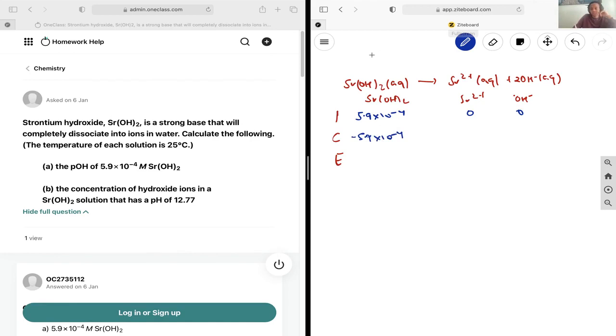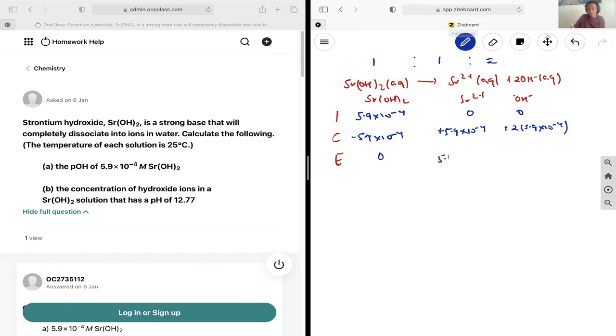The ratios here are 1 to 1 to 2, so it's going to produce 1 times this of strontium ions, so this is going to be plus 5.9 by 10 to the negative 4. And twice that for the hydroxide ions, so it's going to be plus 2 times 5.9 by 10 to the negative 4, and so this is going to be left with 0 at equilibrium.